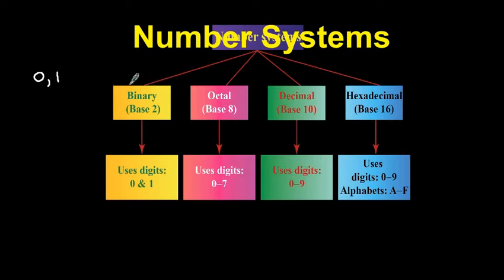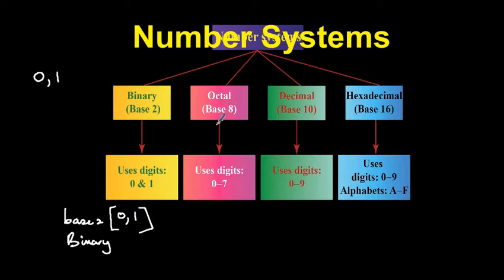So starting with the binary system or the base 2 system, the only digits of this system are 0 and 1. And we're looking at base 8 or the octal system.